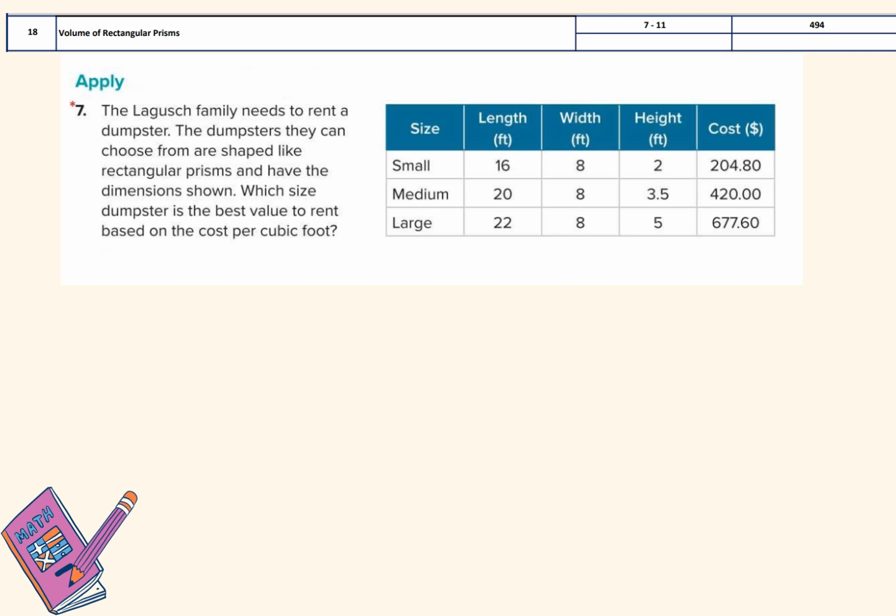So let's focus on the main request here in this question. You can see that this is what we need to find. Which size dumpster is the best value to rent based on the cost per cubic foot. Cost per cubic foot. This is a keyword.